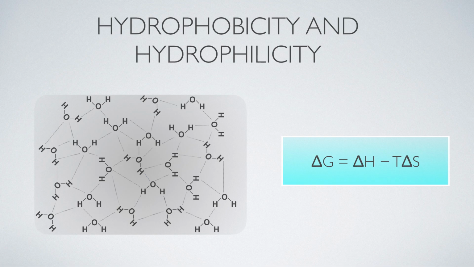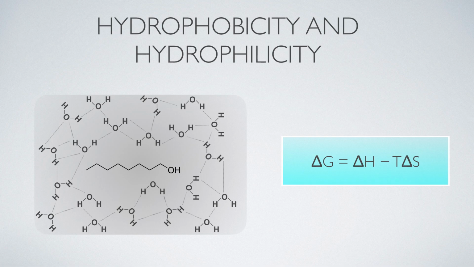Now, if I think about water as a liquid, we know that there are all sorts of bonds in water. We have the London dispersion forces and we have dipole interactions, but we have a very, very strong hydrogen bonding network. If I try and mix octanol with water, the octanol disrupts this hydrogen bonding network.